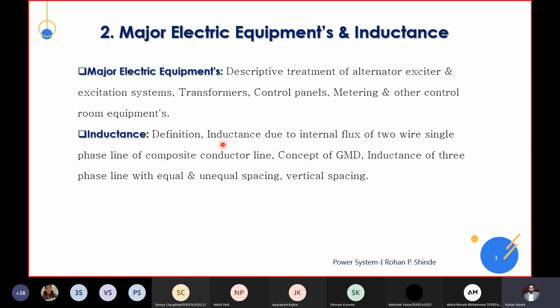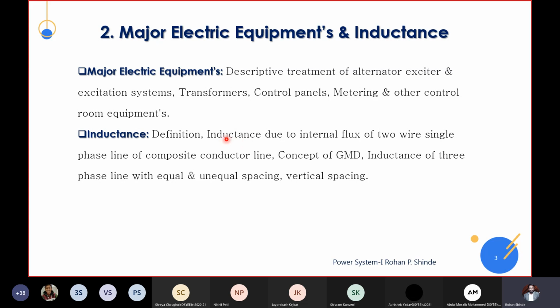In this section we are going to study a one-turn conductor, so instead of N psi we will just take phi. So phi, the magnetic flux, is equal to L into I, where L is inductance and I is current. From this formula we can calculate inductance: L is equal to phi by I.